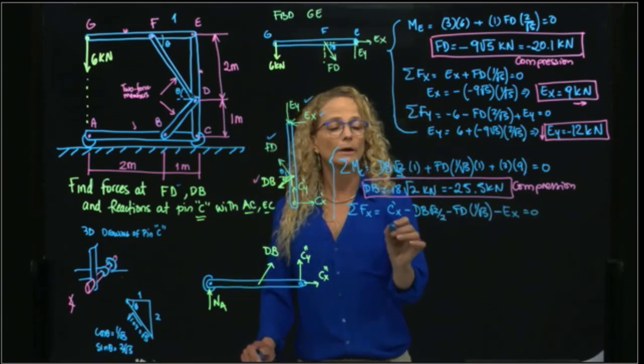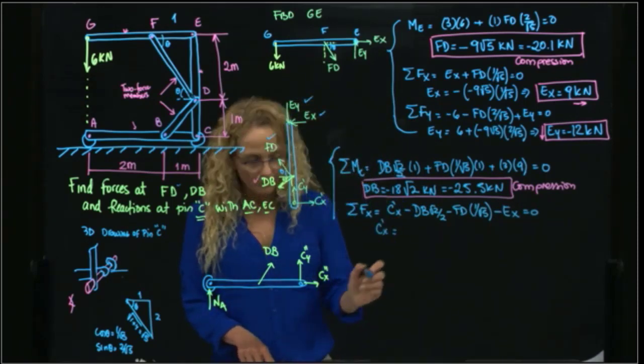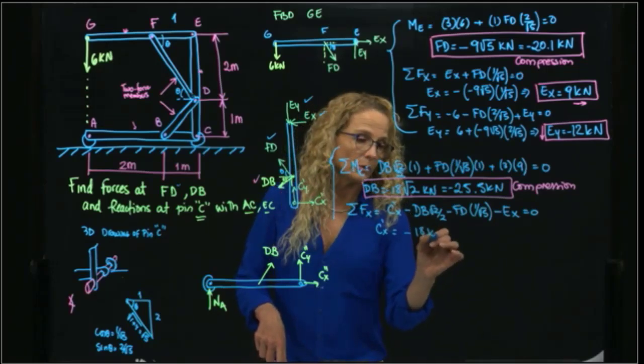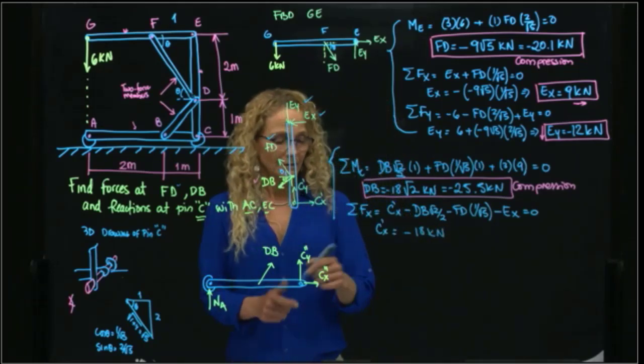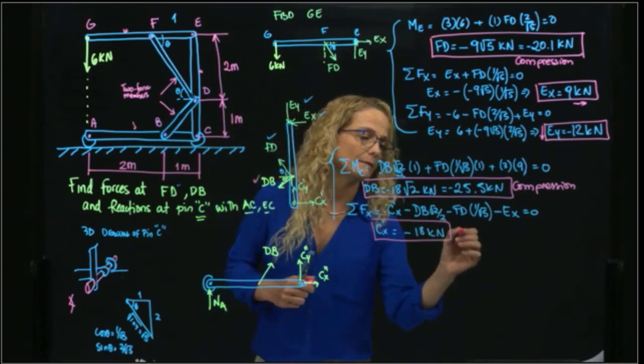So from here we are able to find Cx prime, and Cx prime gives me negative 18 kilonewtons. It means that it goes in this direction.